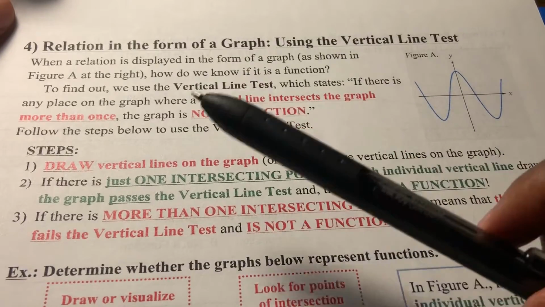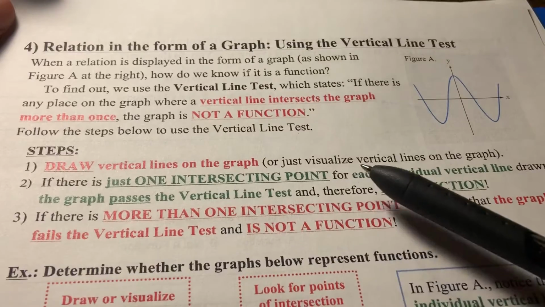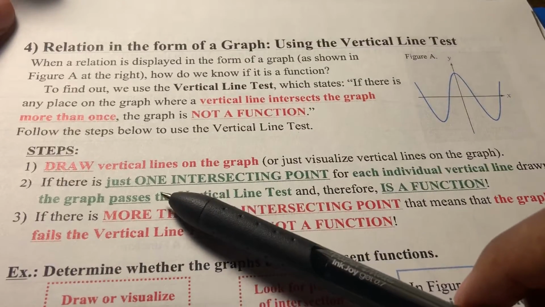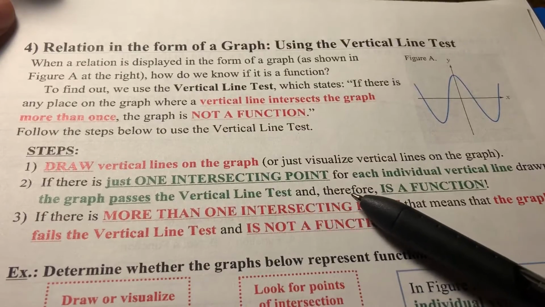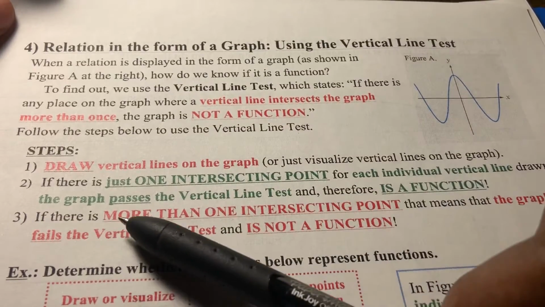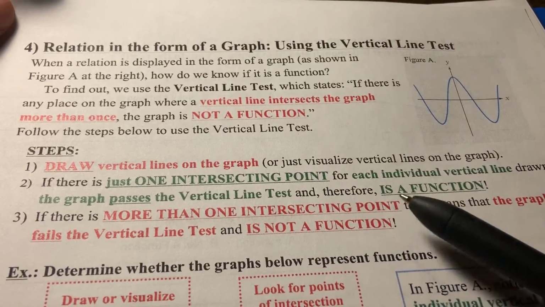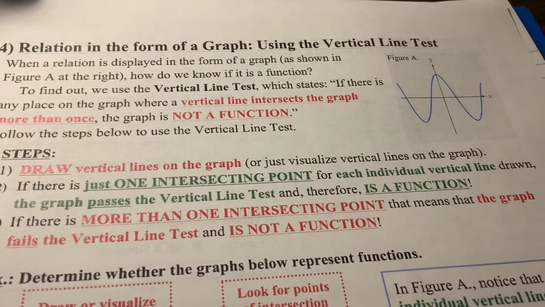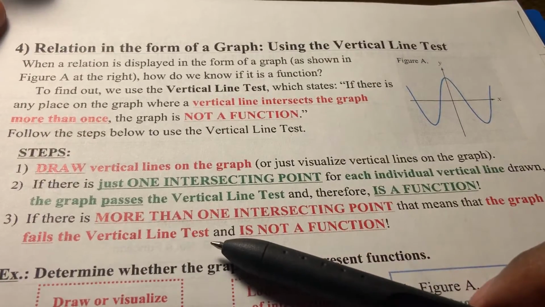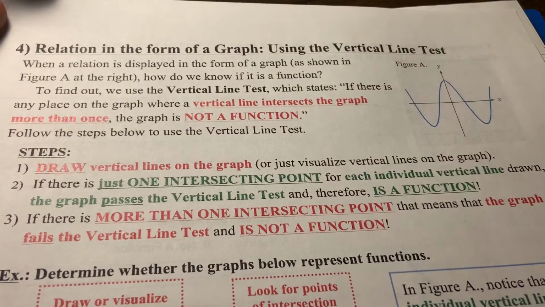Okay, let me say that again. If there is just one intersecting point for each individual vertical line drawn, the graph passes the vertical line test and therefore is a function. If there is more than one intersecting point, that means that the graph fails the vertical line test and is not a function.